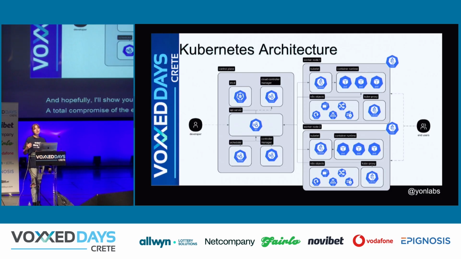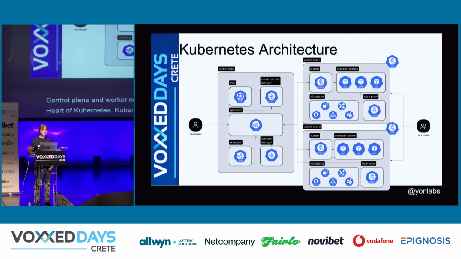But first, let's start with Kubernetes architecture, just for all of us to be on the same page and to see which components we can target during our hacking. So there's two main concepts in Kubernetes: control plane and worker nodes. So control plane is like the heart of Kubernetes cluster.